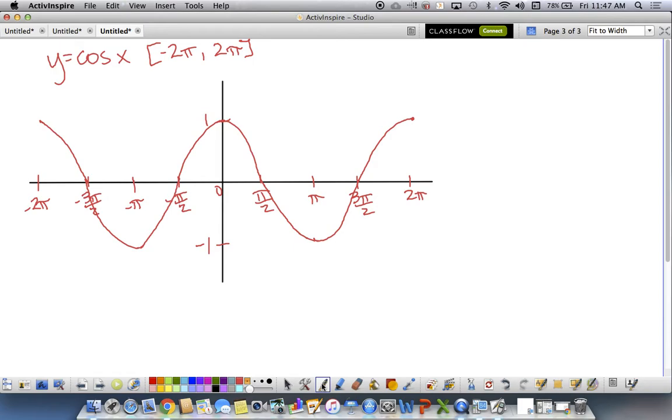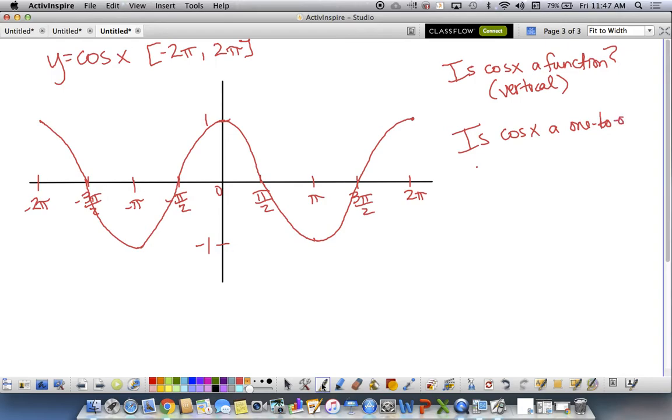Same questions we're going to start with. Is cosine x a function? Remember which test? We've done that already today, vertical line test. And then is cosine x a 1-to-1 function?